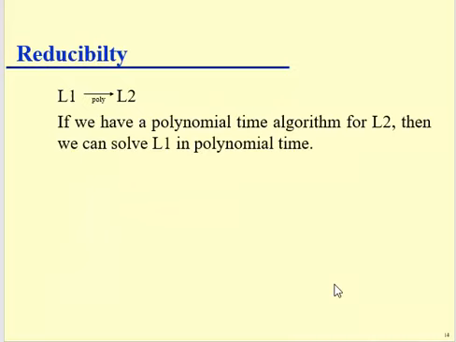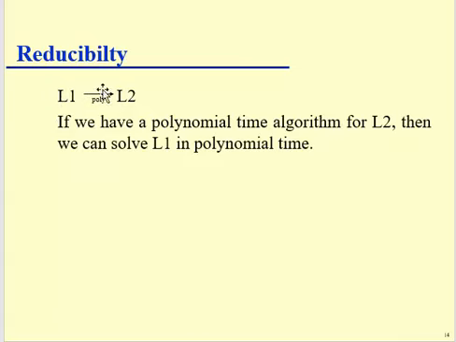Okay, next, before going to NP hard and NP complete, I will tell you what is the meaning of reducibility. Suppose I have two problems, L1 and L2. Now L1 can be reduced to L2 in polynomial time if we have a polynomial time algorithm for L2, then we can also solve L1 in polynomial time.